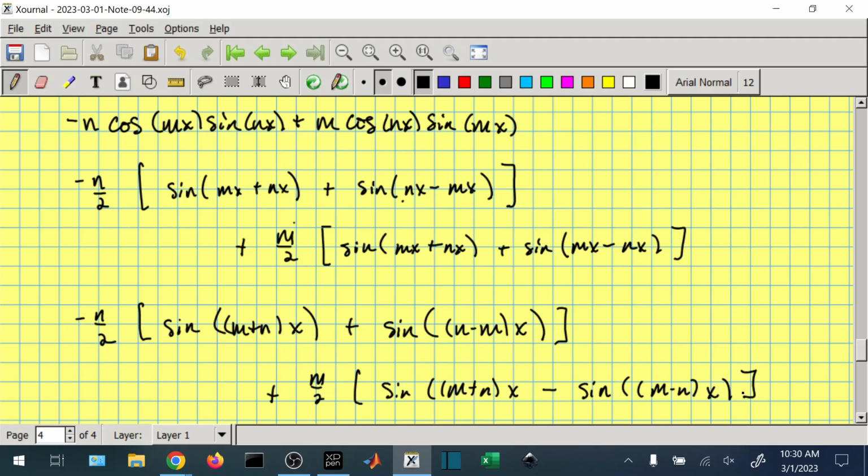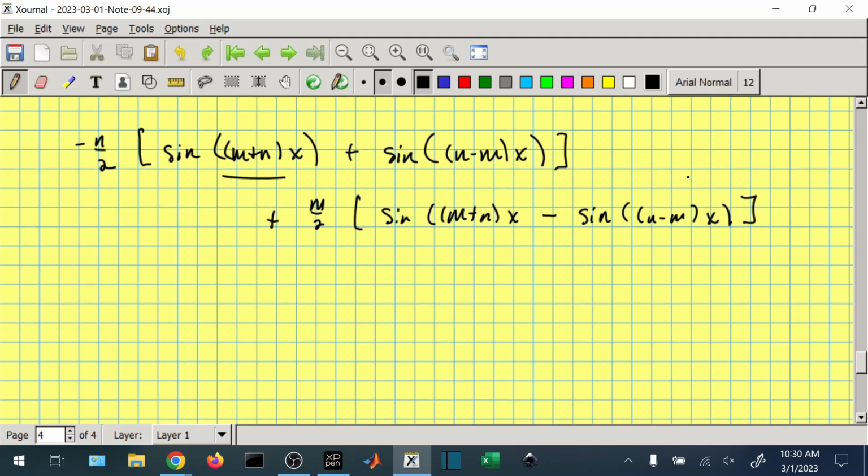Now, why did I do that? Well, these two already line up. I just wanted to make the other two line up. Oh, if I switch them, it'll be n minus m, right? And now these two will line up. So what do I end up with?